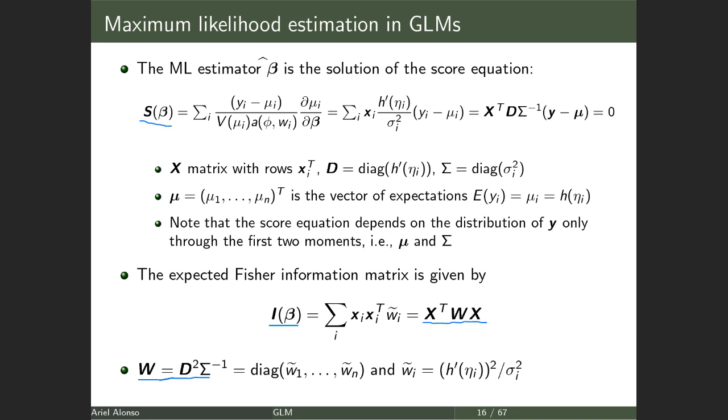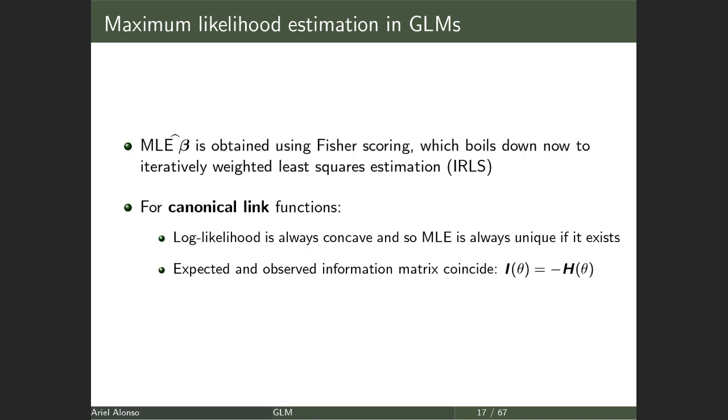So it's a diagonal matrix that has these W elements here, and these W elements are just given over here. So that's it. We have the score functions, we have the Fisher information matrix. Now you just need to solve these score functions, and you can then use the Fisher information matrix to calculate inference if you want to do a score test or Wald test or all that.